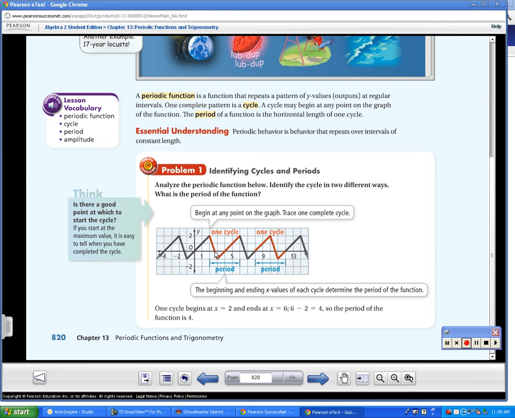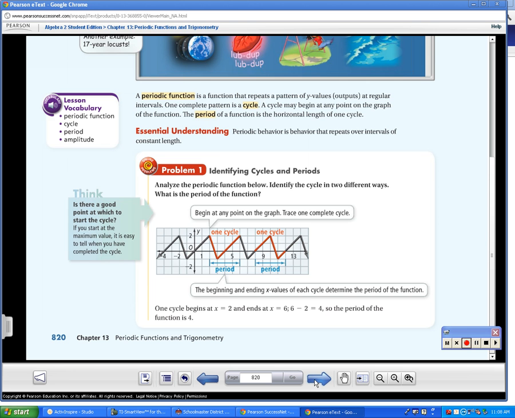And so that kind of is the definition of the periodic function, that it's repeating in a pattern, which means that any cycle that you look at is going to have the same period, okay? So in this case, the period of this function is 4, because if I go from this high point here to that high point there, it is 1, 2, 3, 4 things across, okay?